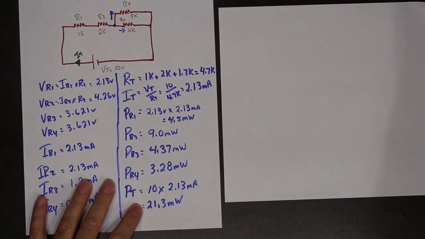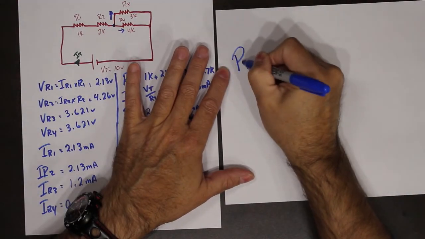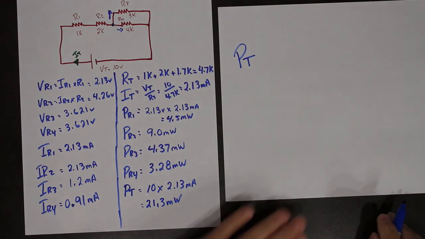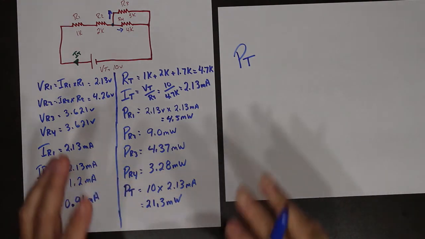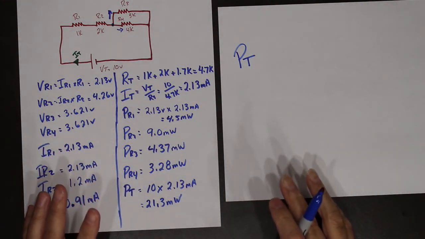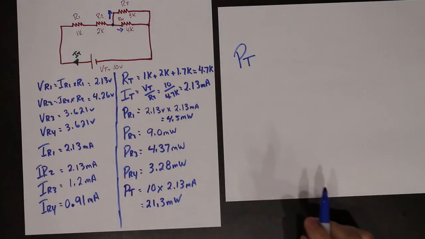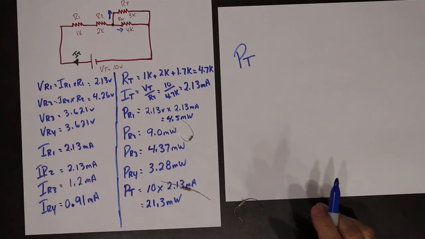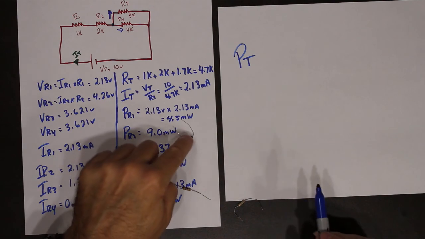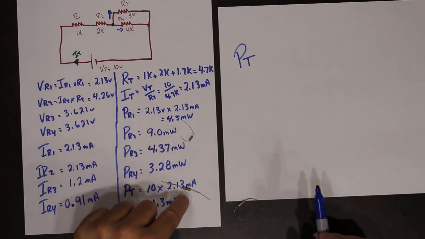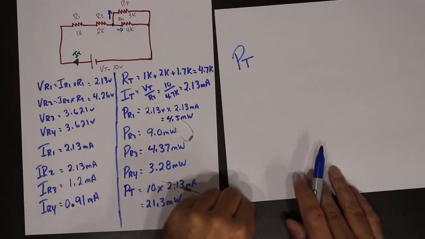Now watch this. Power total. Remember, we're talking about heat. So if I have the heat from this resistor, and the heat from this resistor, and the heat from this resistor, how much do I have? I have the power here, plus the power here, plus the power here.